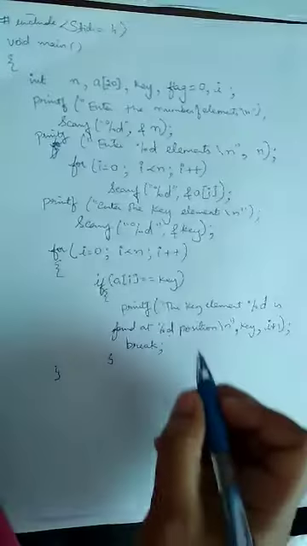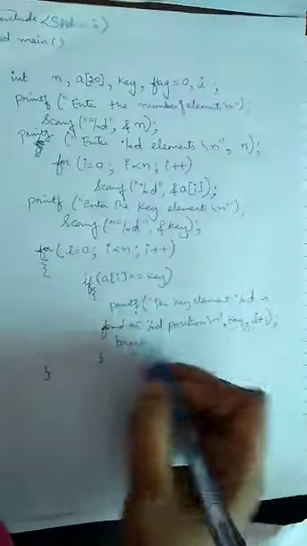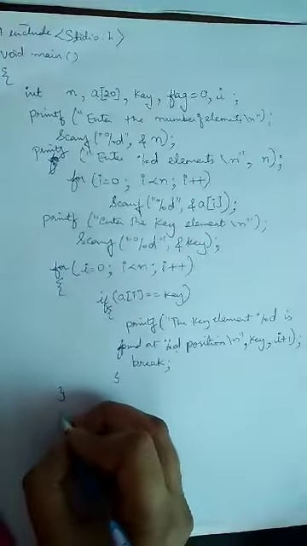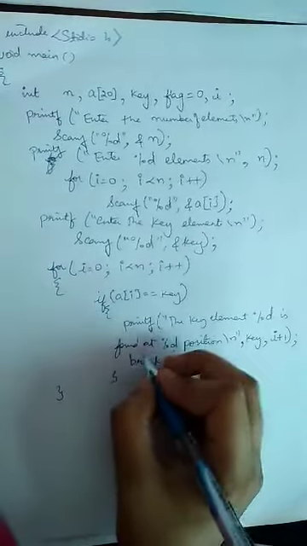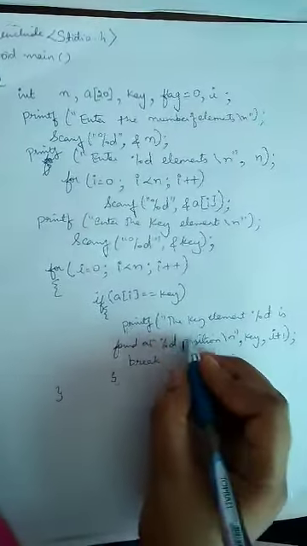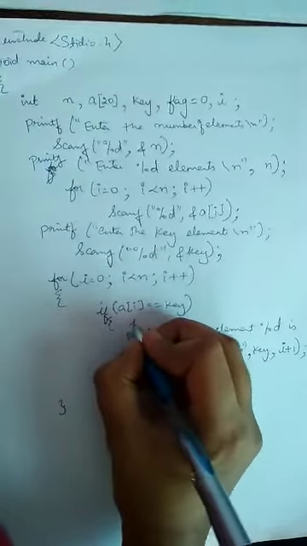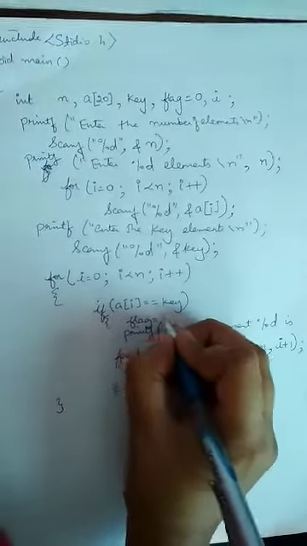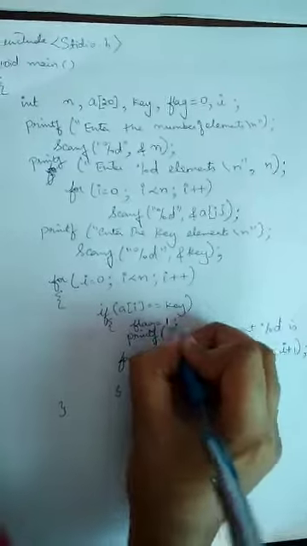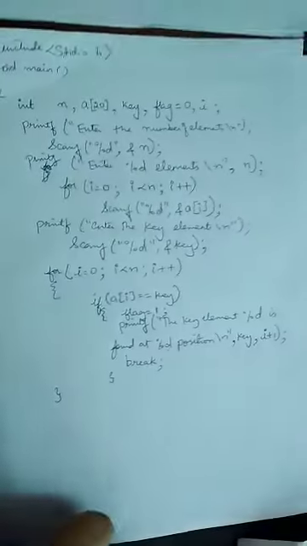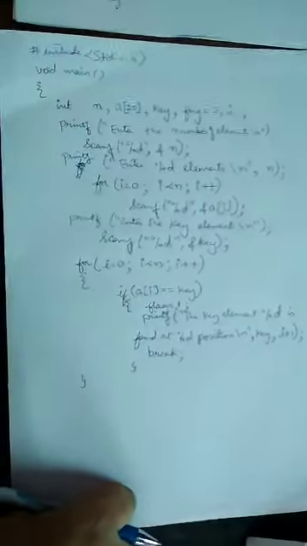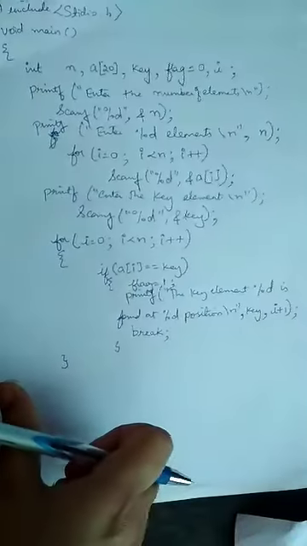Okay, so now we have written for the case where the key element is found. For not found, one more thing we have to do before: we can set a flag here, one more variable, so that we can indicate whether the element is found or not.